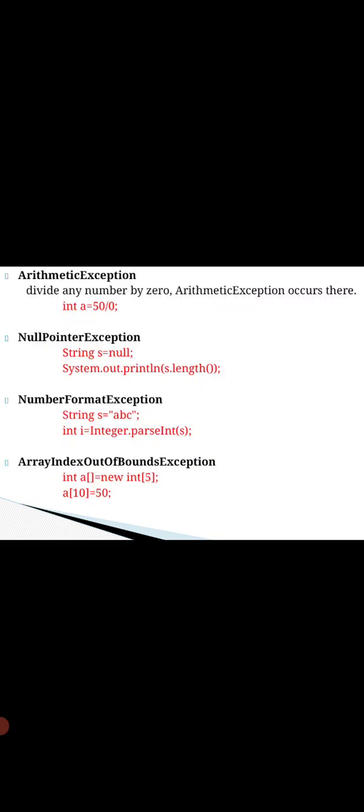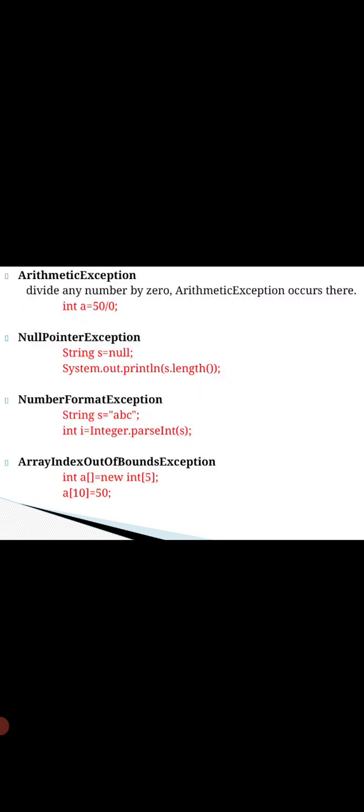Next is number format exception. Here I have defined a variable string s is equal to abc and I am trying to convert it into integer. In any case, we cannot convert a string into integer and there arises number format exception. Next thing is array index out of bounds exception.